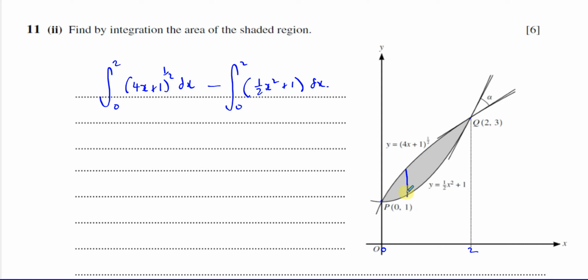I can combine this into one integral: (4x plus 1) to the power of a half, minus a half x squared, minus 1, integrated with respect to x, between the same limits 0 and 2. That will give me the area between the two curves.